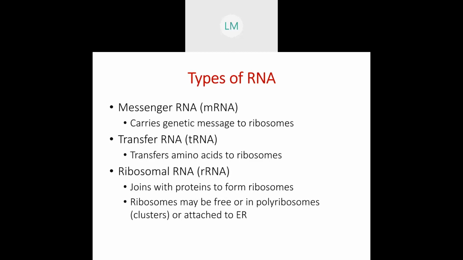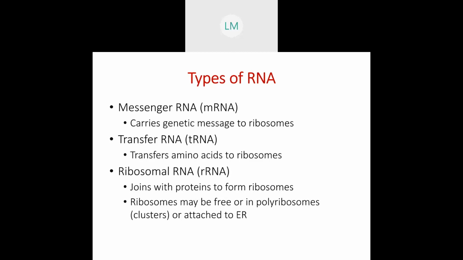We also have transfer RNA. This is called tRNA. This is what's going to be connected to our amino acids. It's going to take our amino acids from the cell, bring them to the ribosome so that we can build amino acids and make chains to form our proteins.